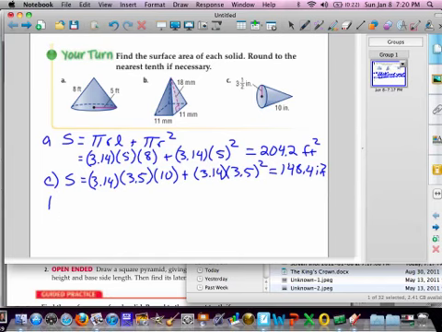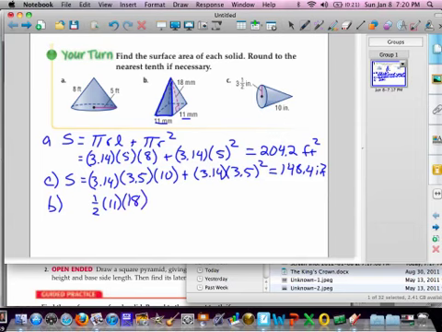Now let's go back and work B. If we want to figure out B, remember what we're doing is finding the area of these triangles. There are 4 of them, and then we've got to figure out the base. And this is a square because you see we've got 11 and 11. So that's kind of nice. Each triangle is 1/2 times the base, which is 11, times the slant height, which is 18.